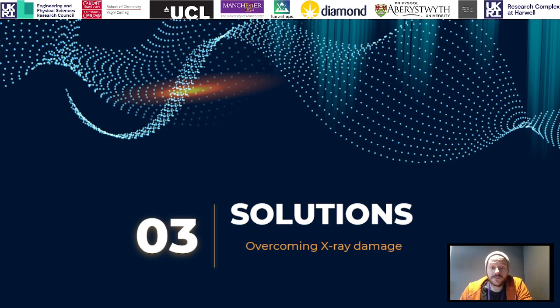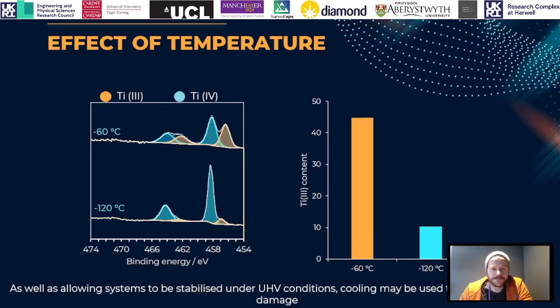So what kind of solutions have we got to overcoming X-ray damage? Well, firstly, we've already spoken a little bit about temperature and how some samples we need to cool to get any data at all. But the effect of temperature on, for example here, our titanium butoxide system, is that the colder we get, the more we can actually prevent this reduction from happening.